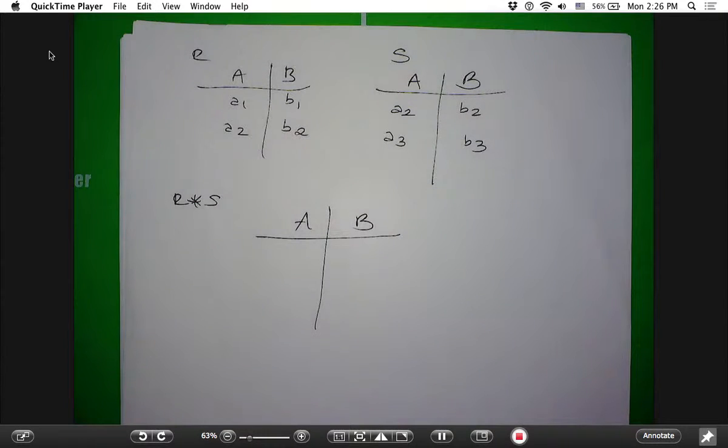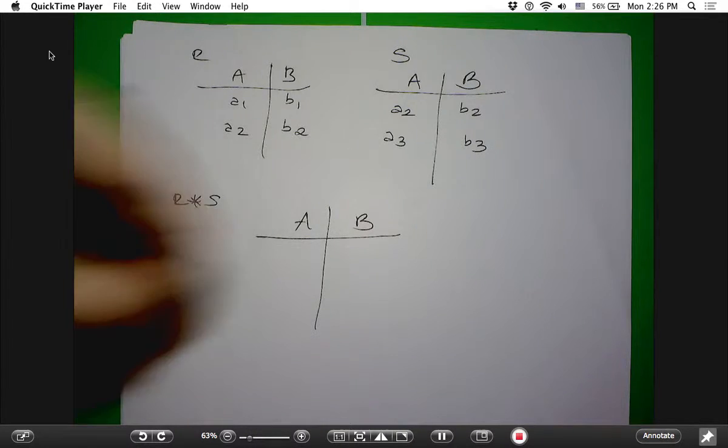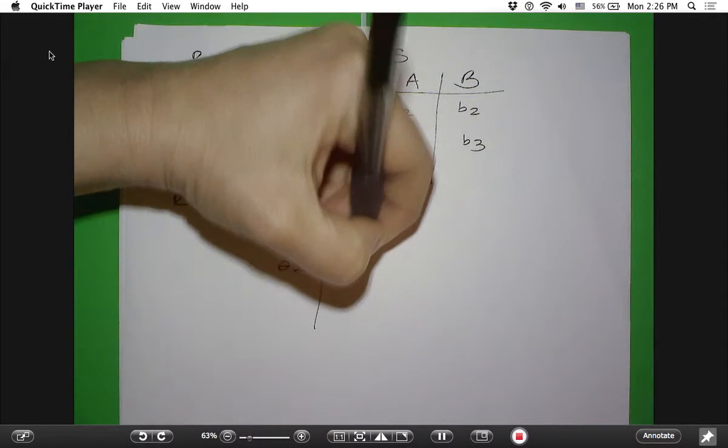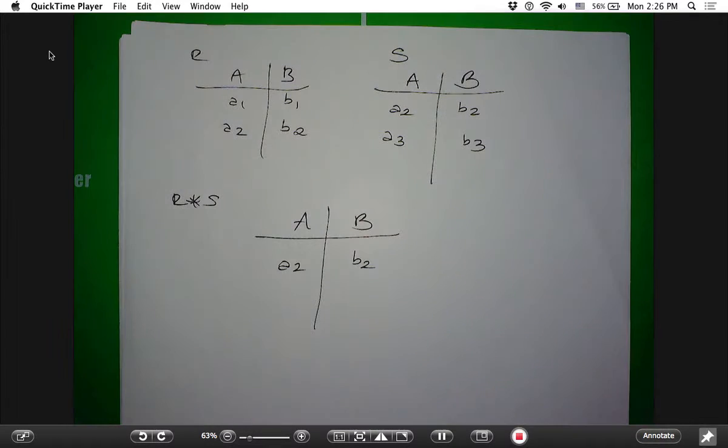What's the natural join of R and S? That's the only thing that is common, that has the same A and B values, right?